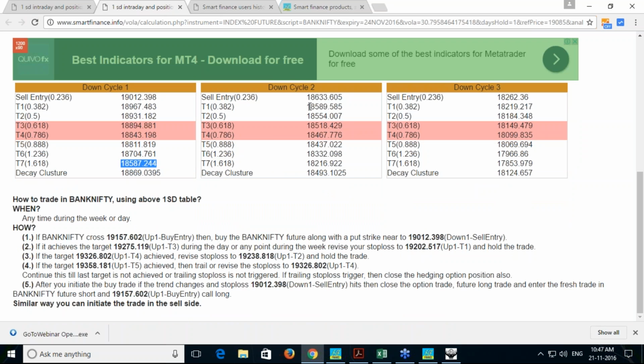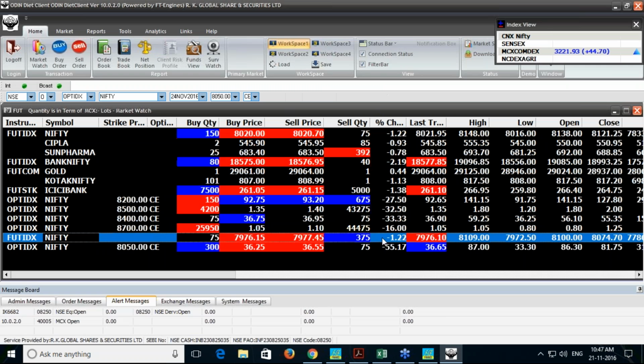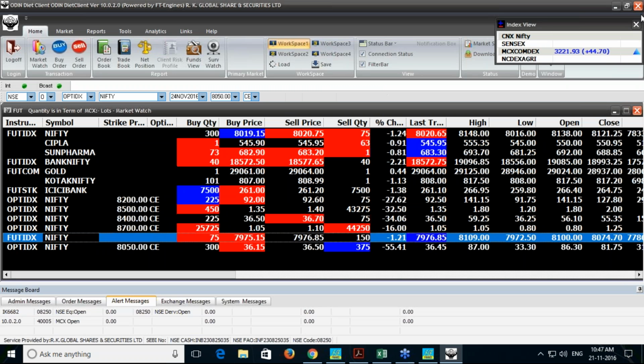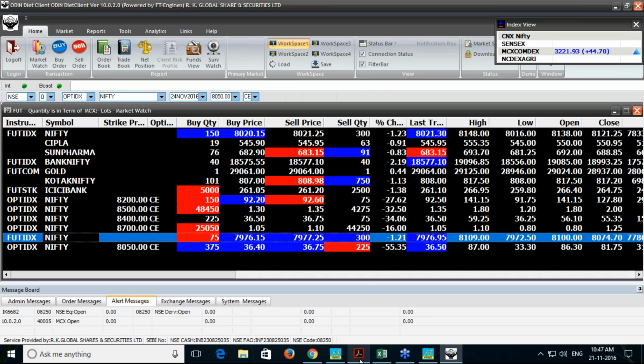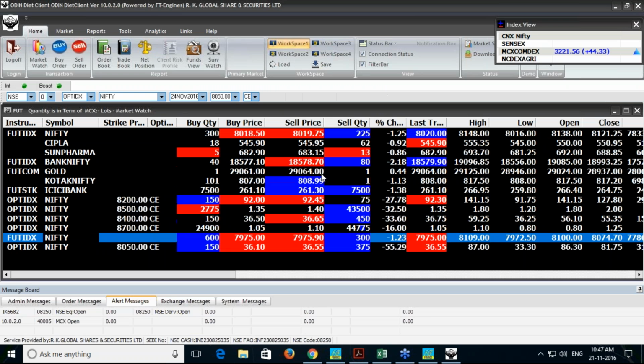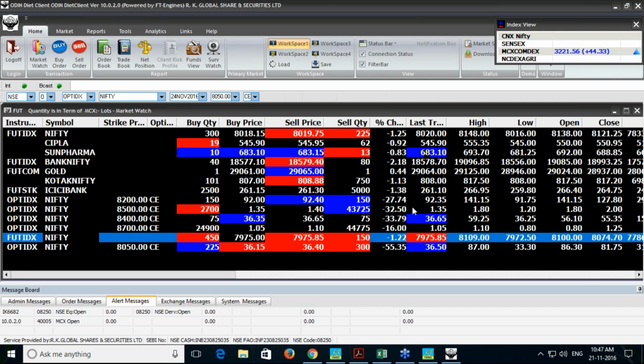Now the second cycle has also entered. In the second cycle, the first target will be 18,518. So that level we are waiting for. Whatever we calculated at 9:30, most of those things we have achieved.